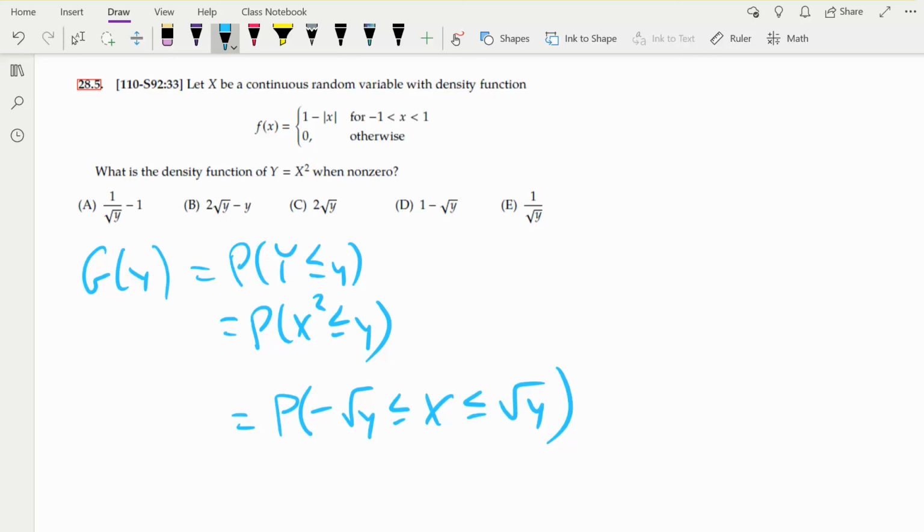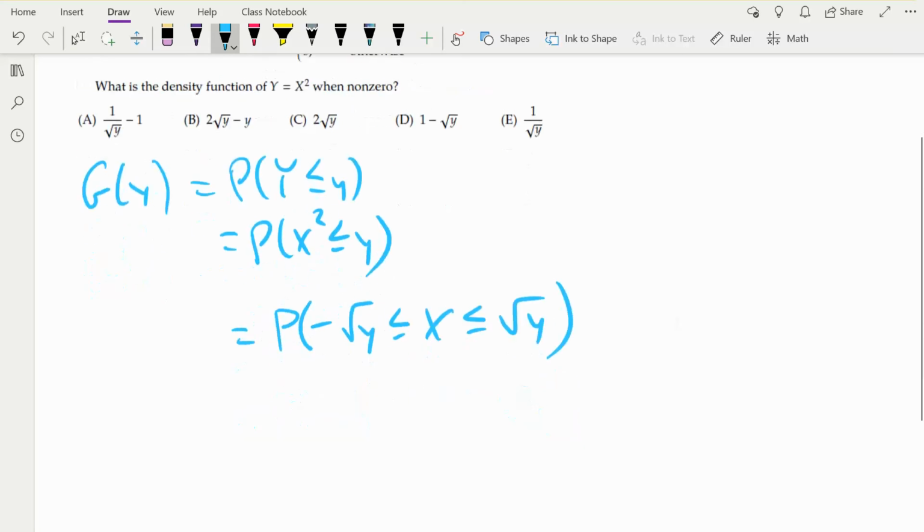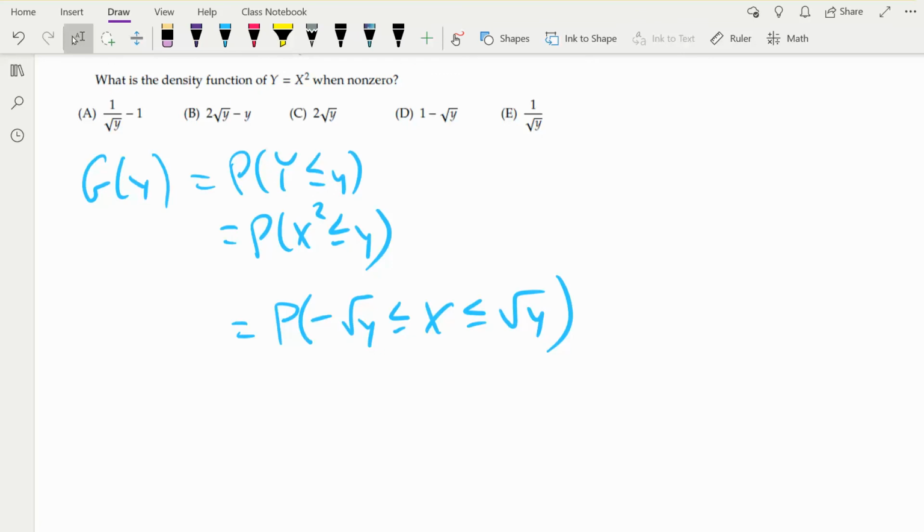Okay? So we have to be a little bit careful, but if we apply the same principles, we can get the correct answer without any issues rather than having to go through memorizing a formula that they talk about in the book and worrying about is it 2 to 1, is it 1 to 1, what is going on. So in this case, I can still rewrite this as a statement involving the CDF of x. I just need to use it twice.